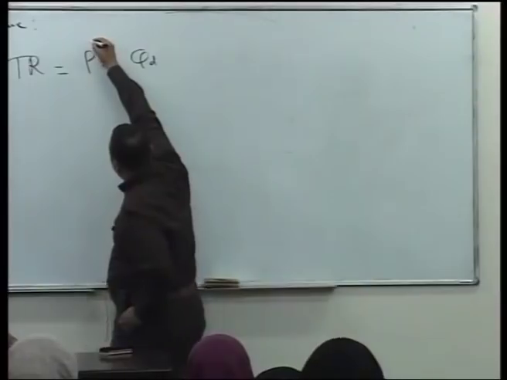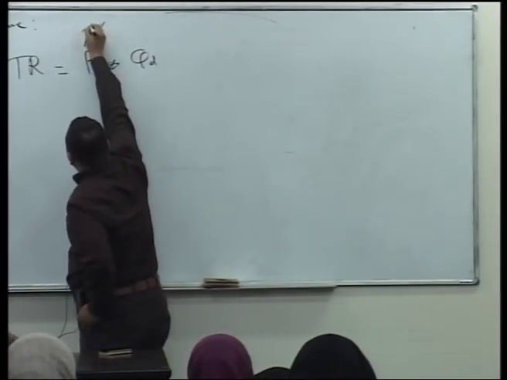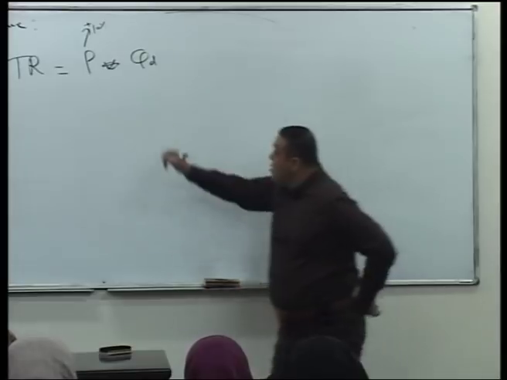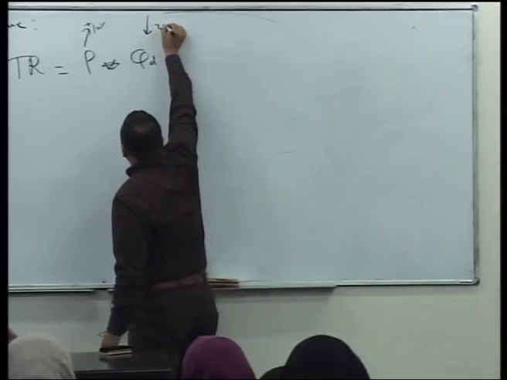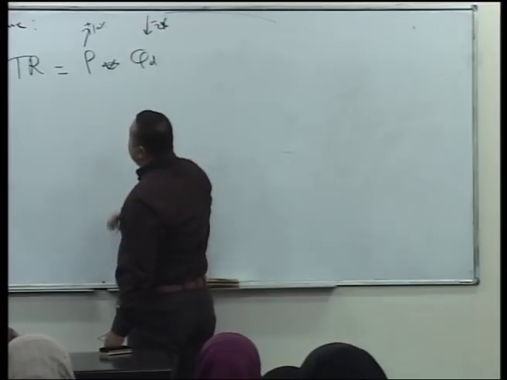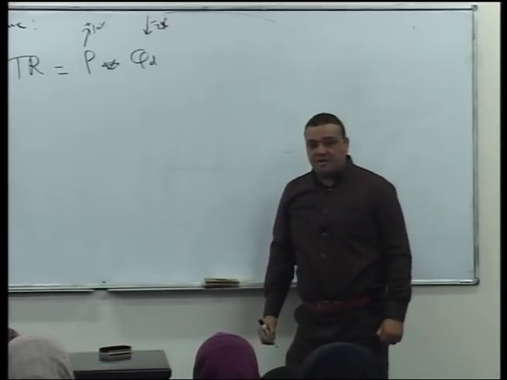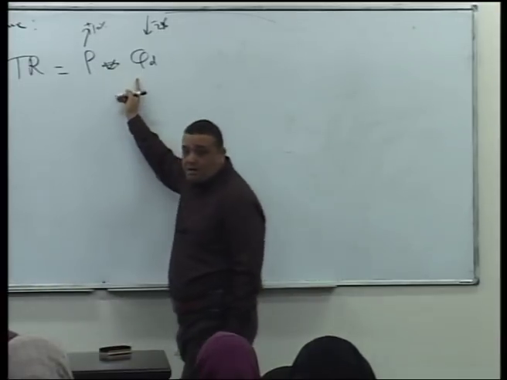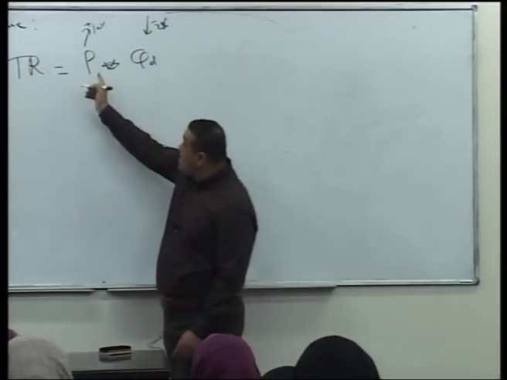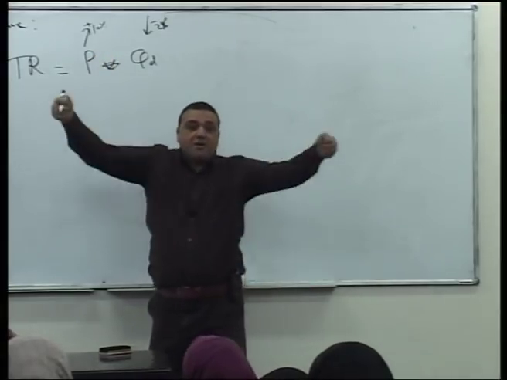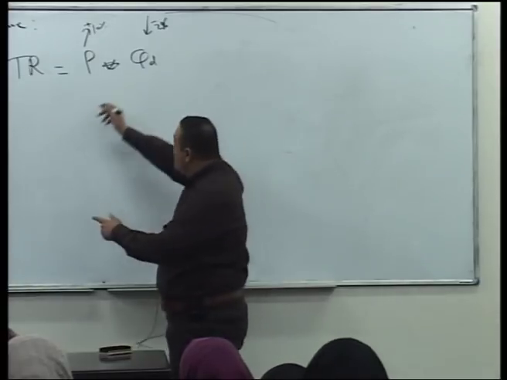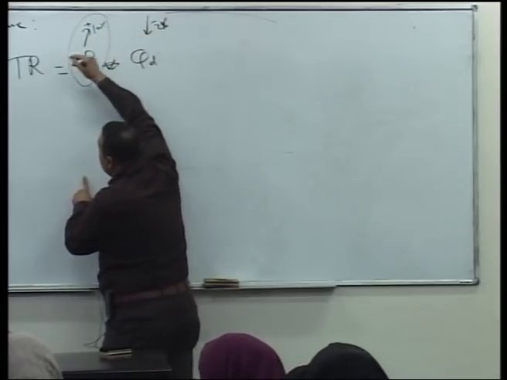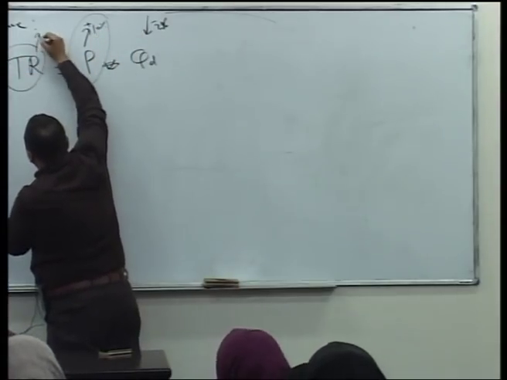Then the price increased by 10%. And the quantity demanded goes down by 2%. Negative. Which has the larger effect? The increase in the price or the decline in the quantity demanded? The increase in prices has the larger effect. So I expect that this increased by 10%, this decreased by 2%, and the effect will be an increase in total revenue.